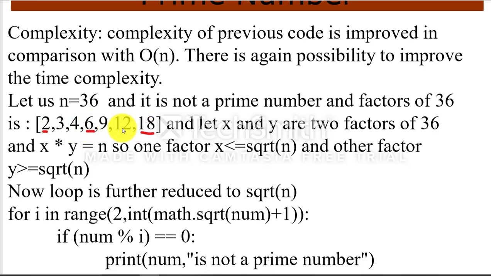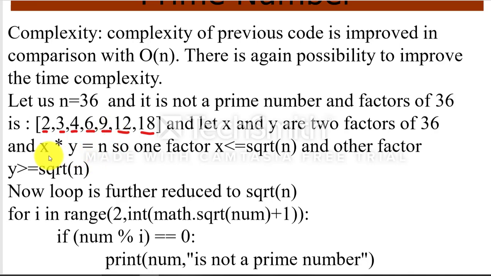So 2 is less than 6, and 18 is greater than 6. Similarly, the second pair of factors is 3 and 12. 3 multiplied by 12 is 36. So in this case, one factor, 3, is less than 6, and one factor is greater than 6. Similarly, 4 multiplied by 9: one factor is less than 6, meaning the square root of n, and one factor is greater than the square root of n.